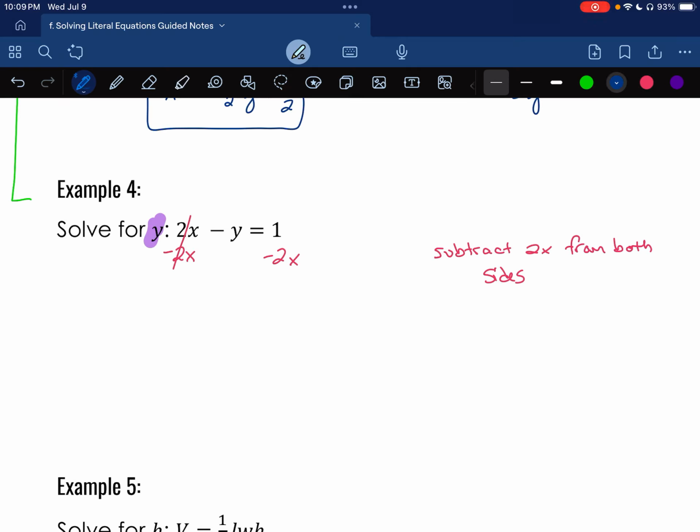So because we did not forget our negative here, we have to multiply or divide both sides by negative 1.